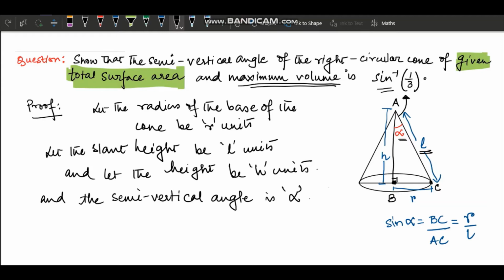Here again you see we have three variables. We have H, L and R. So we will try to represent two variables in terms of the third one. So let us first apply Pythagoras theorem in triangle ABC. We get AC square is equal to AB square plus BC square.